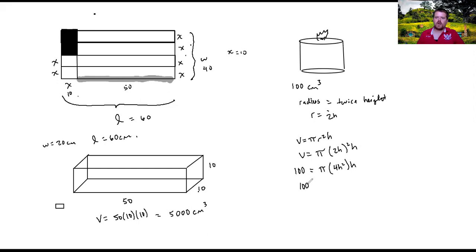Working this out, 100 equals, and I'm going to rewrite it, 4 pi h cubed. That's your commutative property. You can rework those things, make sure all the coefficients are on the same side. So to solve for this, I'm going to divide both sides by 4 pi.